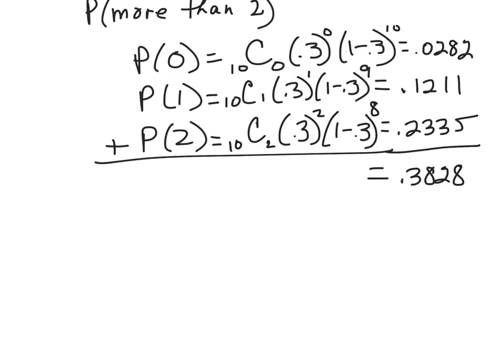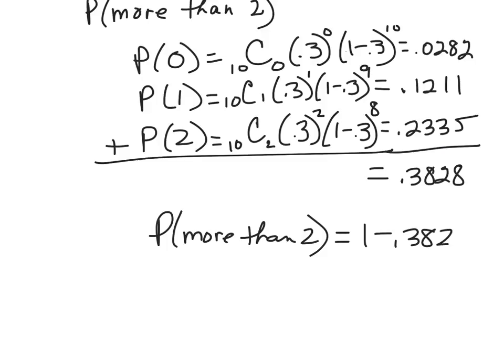So what does that mean for his probability of getting more than 2 hits? It would be 1 minus that. So probability of more than 2 is 1 minus 0.3828.